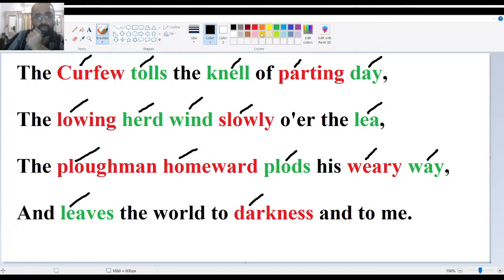I missed out a word actually, this word, world. Okay, put the unstressed marks. It's easy. Those syllables which are not stressed are the ones that you should mark now. The is always unstressed.